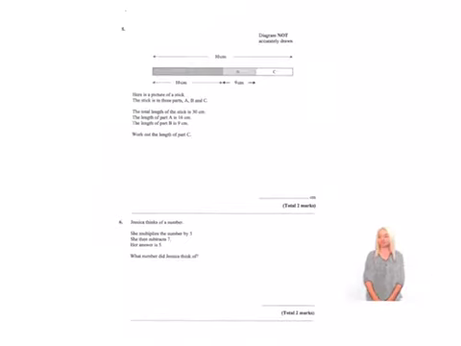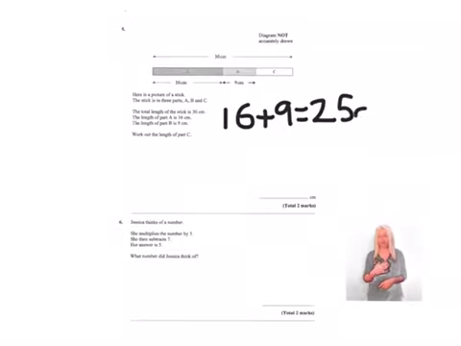Okay, so question number 5 is about a stick. So the stick is 30 centimetres long. Part A is 16, part B is 9, and it's asking us to find the length of part C. So what I'm going to do is 16 add 9 gives me 25 centimetres.